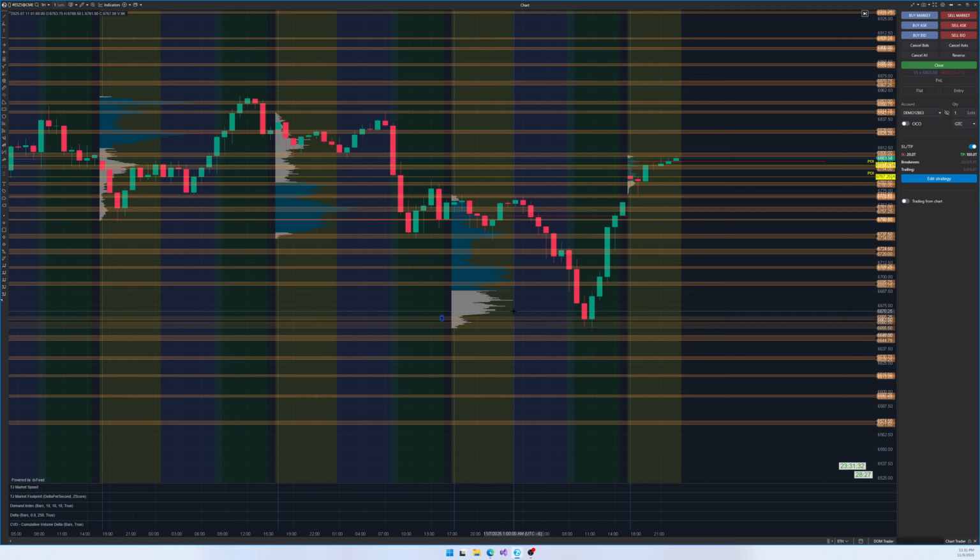That one we don't need. Then this one, nope. This one here, yes. This one I would keep. That's definitely an area where I would expect a reaction. That's where these high volume nodes are starting.